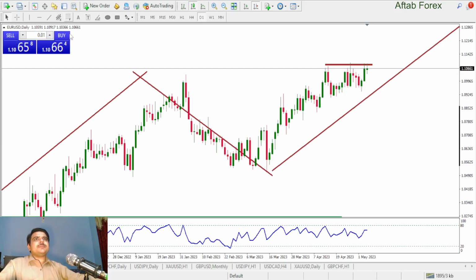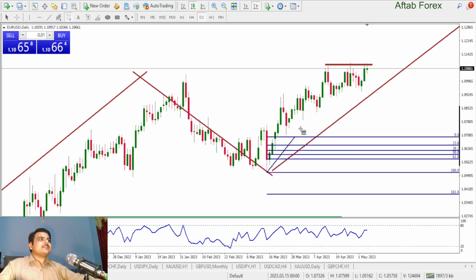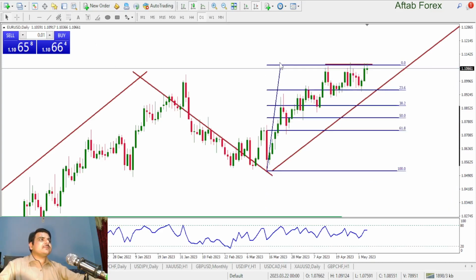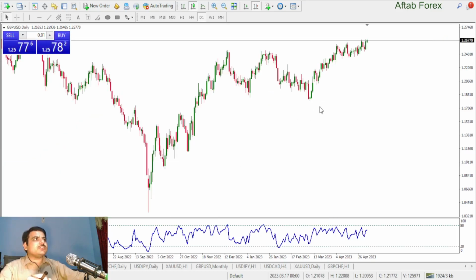Fibonacci is showing me something else. Here, a drop, and obviously the price action on the euro US dollar. I will be discussing it, but before that, let me discuss the pound dollar.